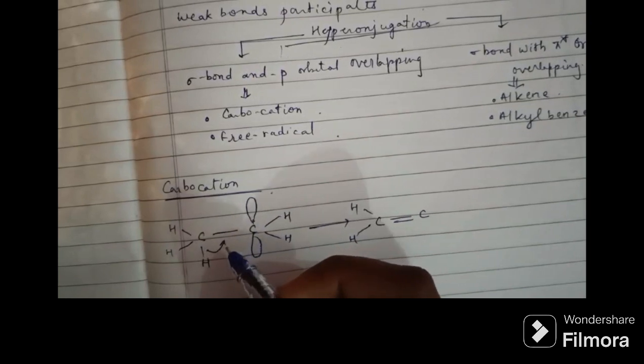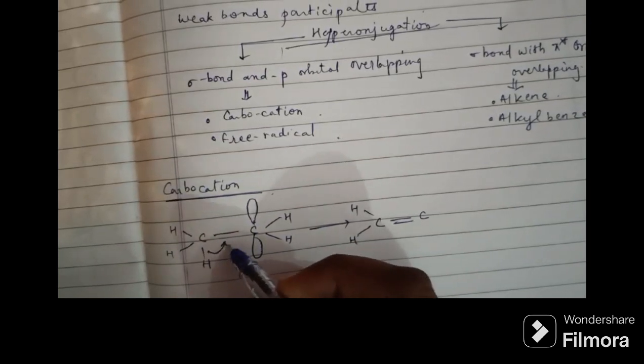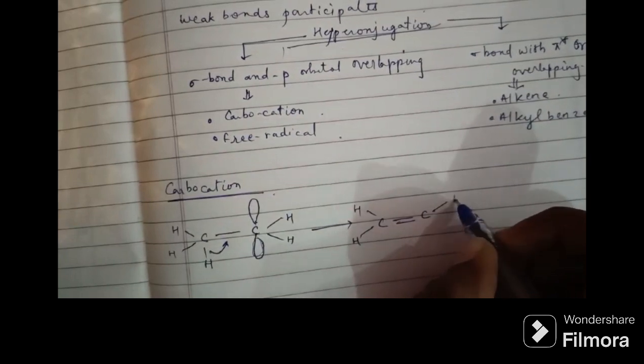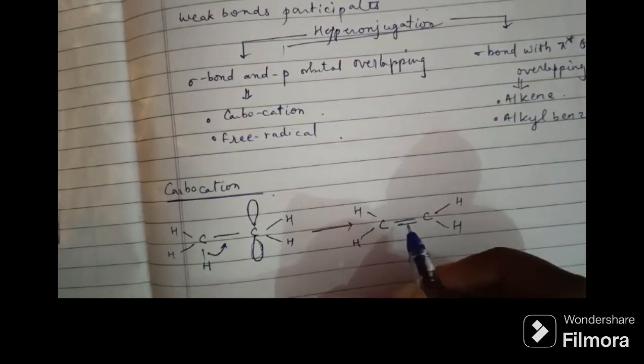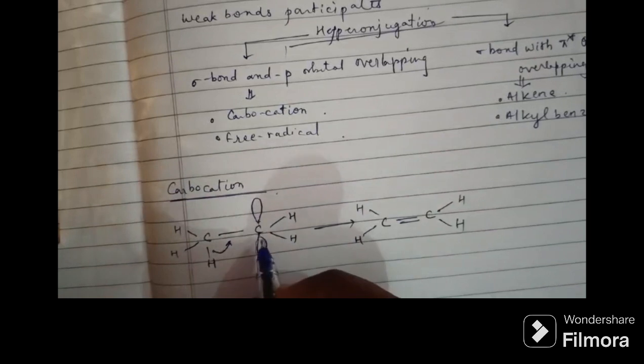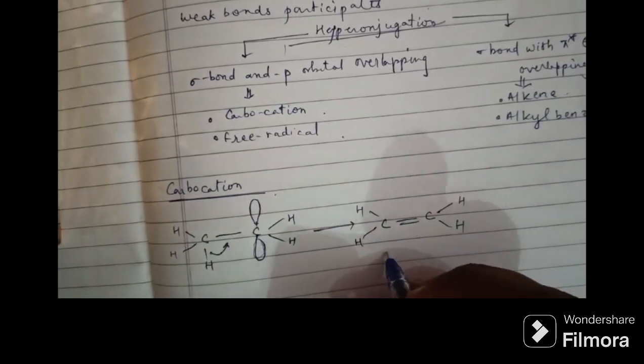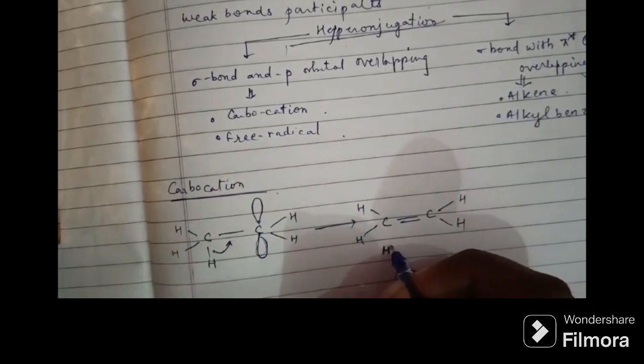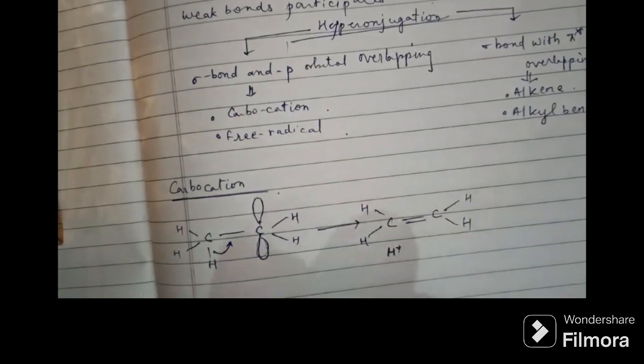That is, electrons are donated from this sigma bond to this vacant p orbital. Now the deficiency of this carbon decreases, but the hydrogen remains.